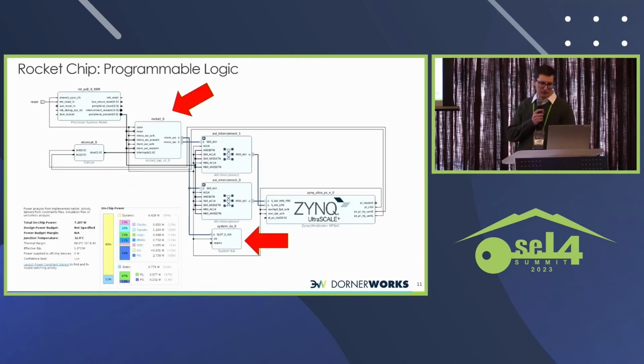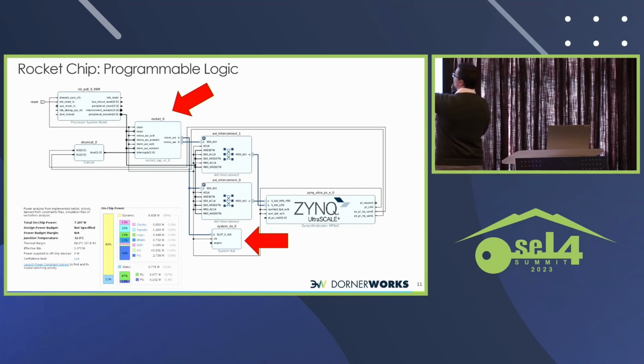And then a diagram of what I was describing. It's a little hard to read, but this is the actual SoC chip. You can see some pieces like the UART IRQs, which get routed over into the Rocket Chip. And then there are a couple of AXI interconnects. One is for the RAM, and the other is for MMIO devices.